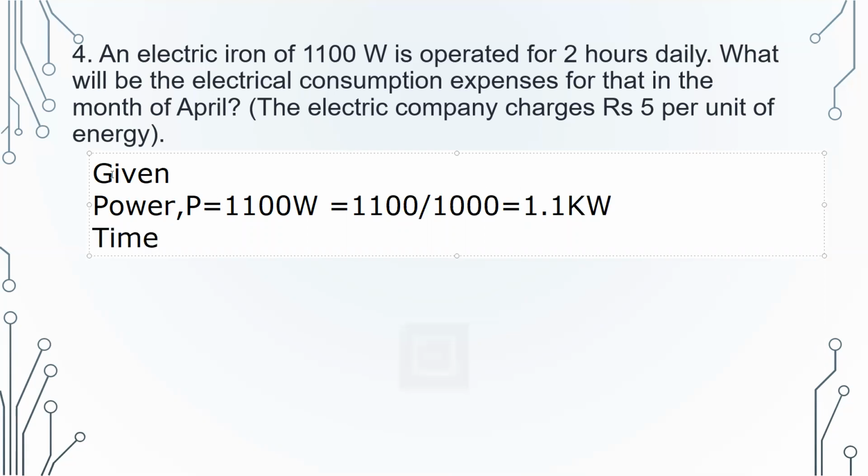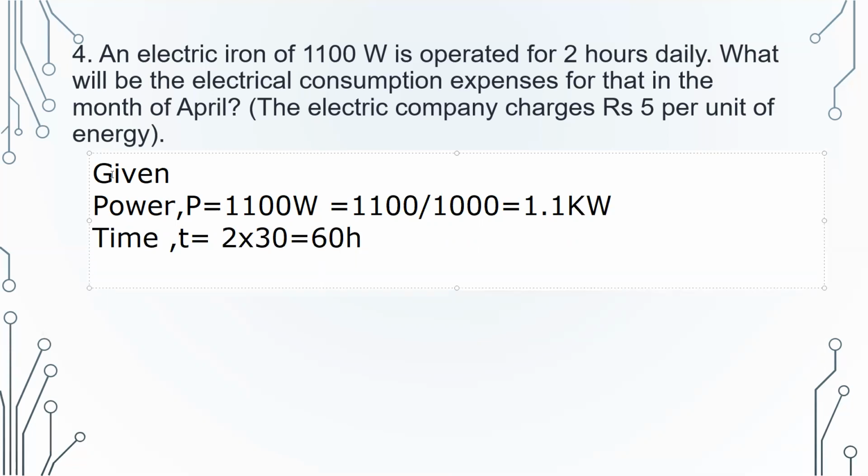Okay. Now, time is given. Time is 2 hours daily. So, time is given in hours. We can write time T is equal to 2 hours daily. And we want to calculate the expense in the month of April. April, we know 30 days are there. So, we have to multiply this by 30. So 2 into 30 is equal to 60 hours. Okay.